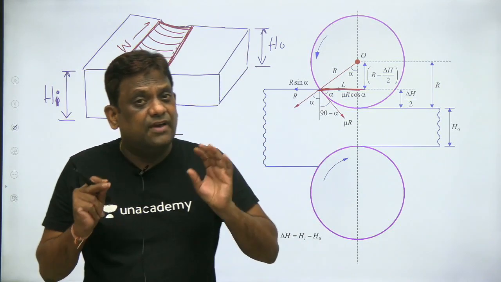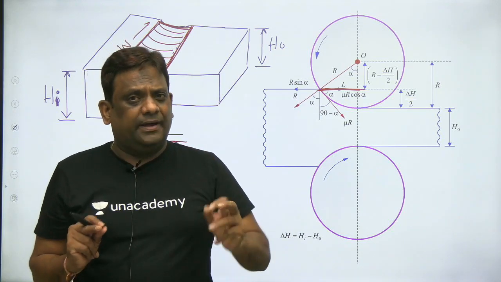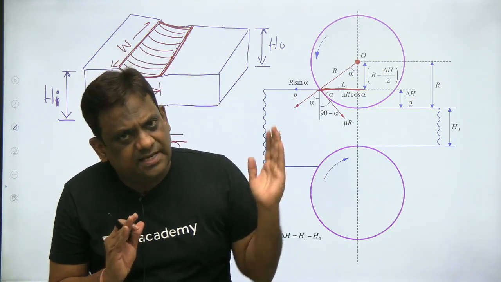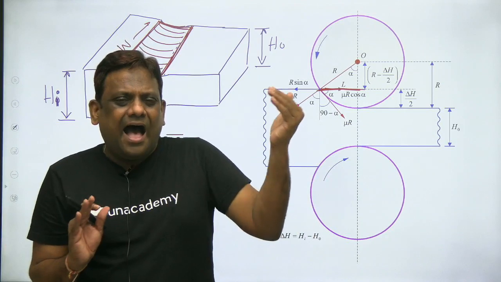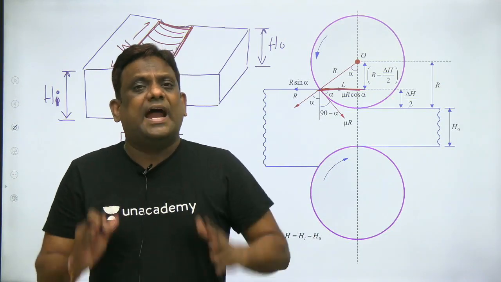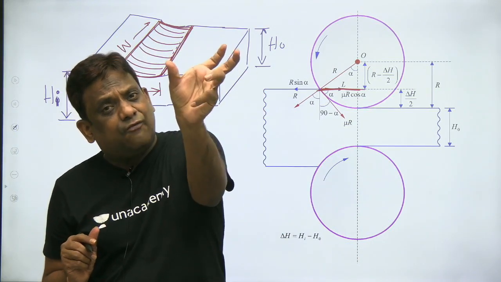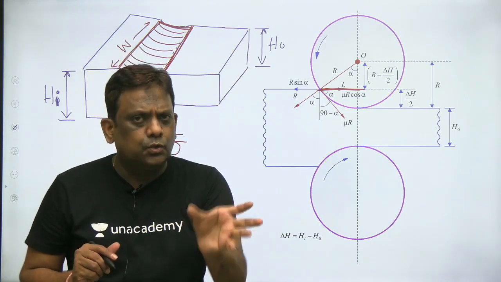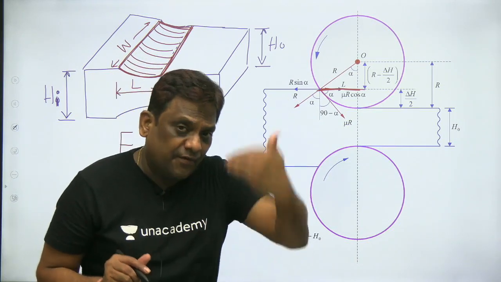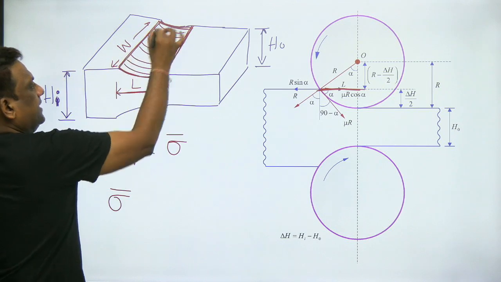That's why I request everyone to look at my first video, fundamentals of metal forming. Please see continuously, because every video is linked, right from fundamentals of metal forming, rolling 1, rolling 2, rolling 3, rolling 4. Likewise is the sequence. The length is L and the width is W.